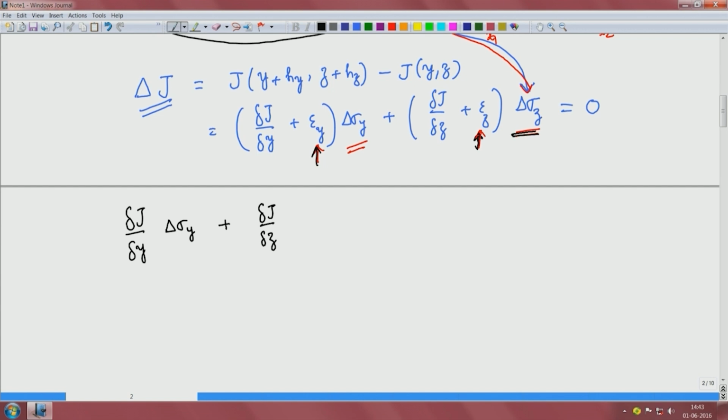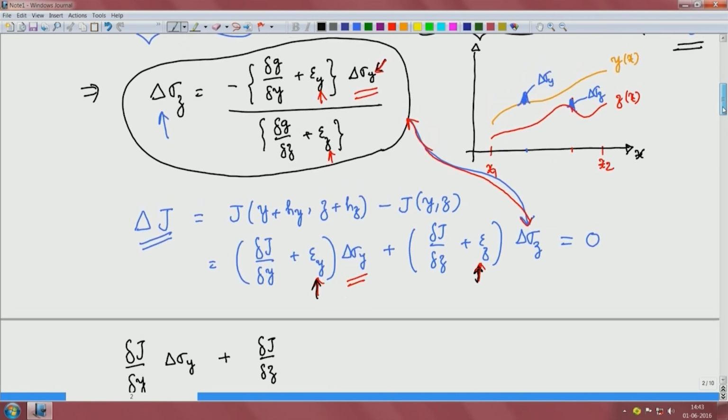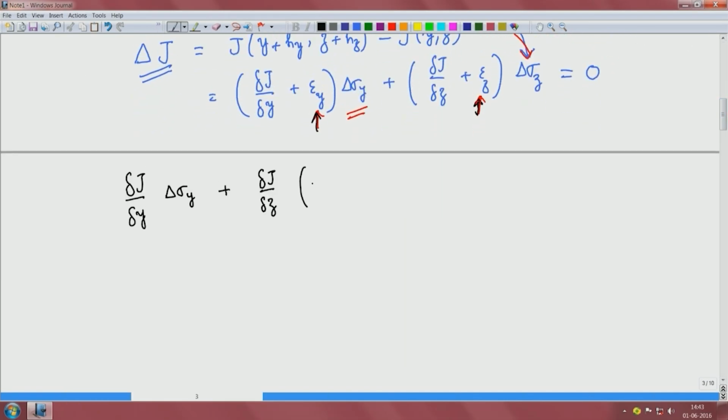But we will make this change for delta sigma z, we would like to substitute what we have over there, which is delta g delta y with a minus sign. So, we will write minus delta g delta y divided by delta g delta z. We are not writing the errors anymore, and this will be multiplied by delta sigma y also.